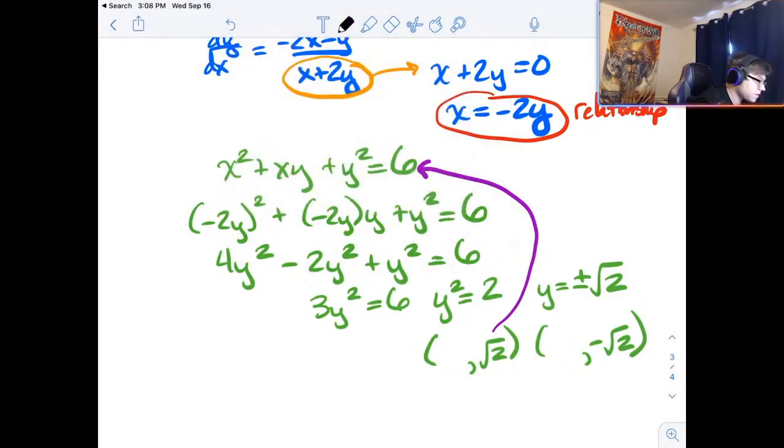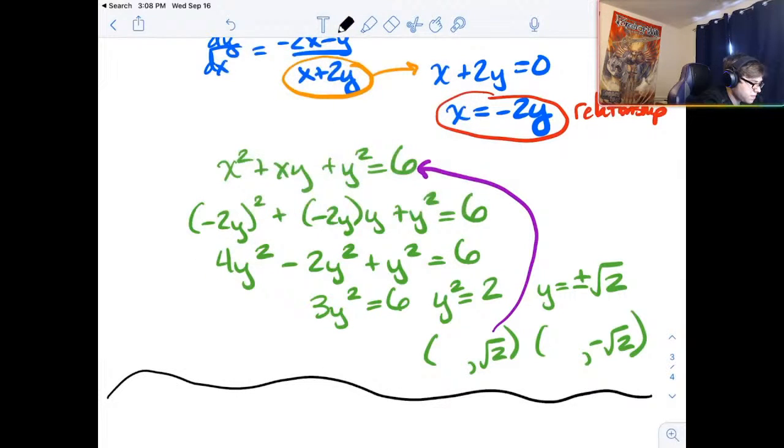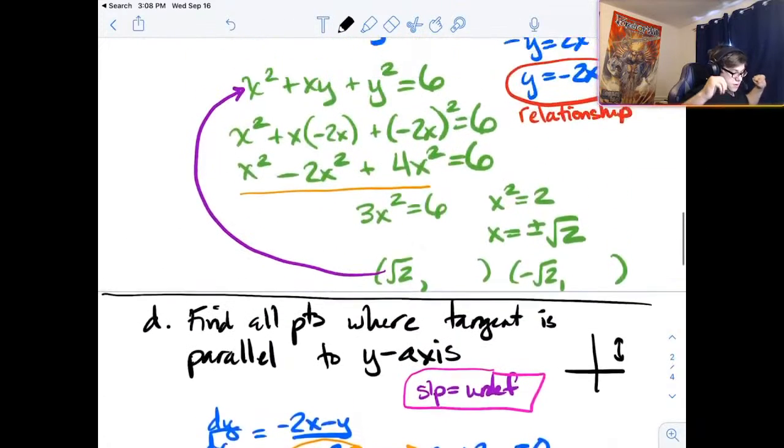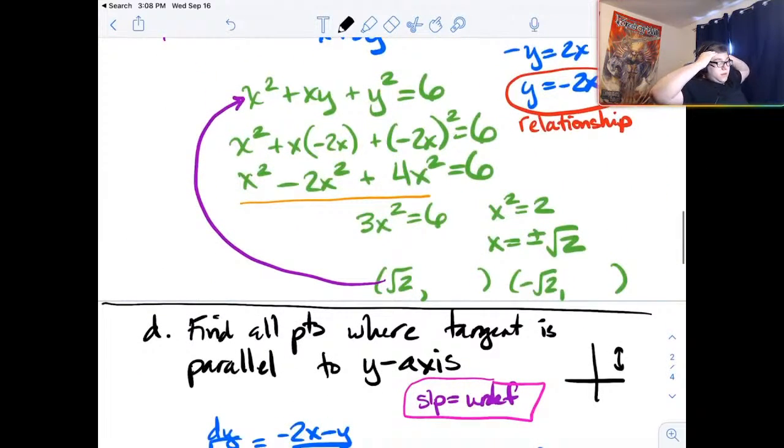A comment on this one before we break down to our last AP style question, ladies and gentlemen, is that we don't always visually understand what we're doing or what we're finding. In fact, in this entire thing, we don't really know what the graph of x squared plus xy plus y squared equals 6 even looks like, okay?